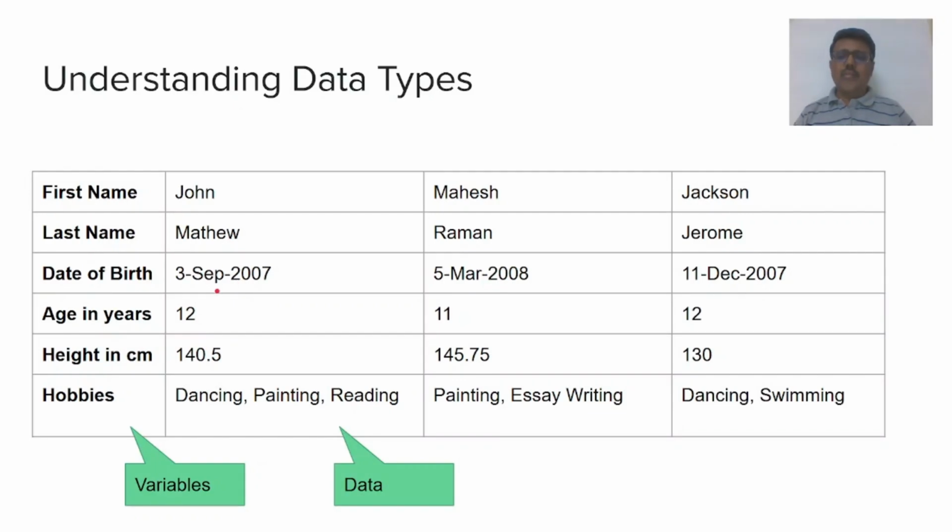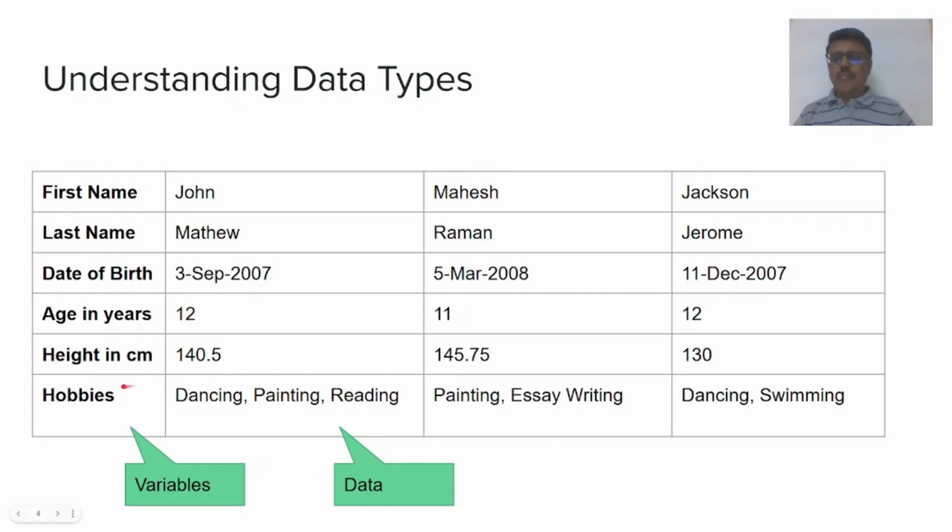Okay, and there are separate date objects also available. We will learn it later. Okay, there is a Python module about date and time, so we will explain that in detail. And then age in years, you can see it here, it's an integer number. Height in centimeters, you know this is in decimal numbers or float.